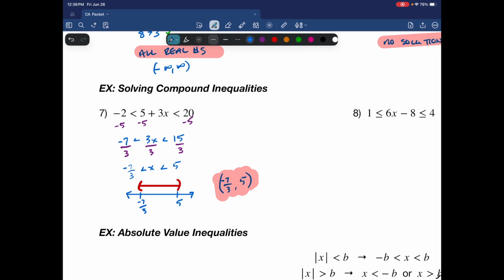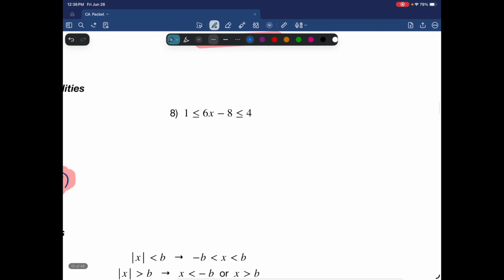Okay. Number 8, same thing. I'm going to add 8 to all sides, and so that's going to be 9 less than or equal to 6x less than or equal to 12. Divide by 6. So that's going to be 3/2 less than or equal to x less than or equal to 2.